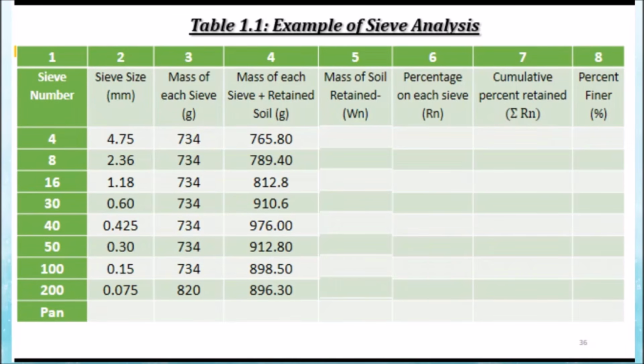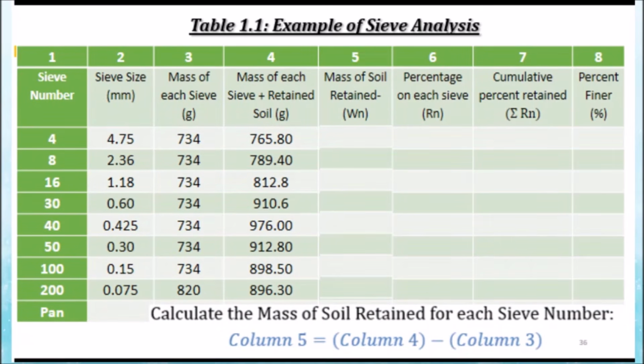So, ano ba ang kailangan natin ma-determine pa? We need the mass of soil retained for column 5. Paano ba yon? Simple lang naman. We must take the difference of column 4, the weight of the sieve plus the soil retained, minus column 3, which is the weight of the sieve.